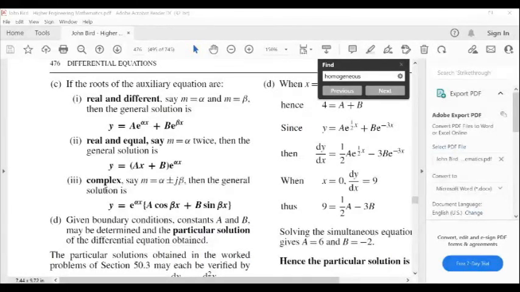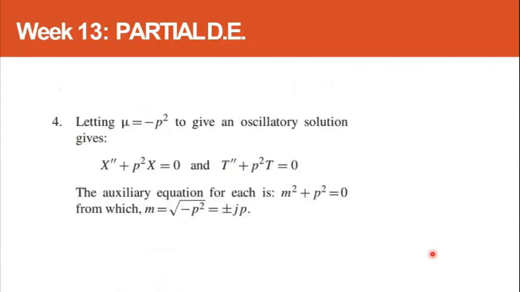Para makuha natin yung value ni m. So, saan siya papasok na roots for the auxiliary equation? Complex. Okay, sige, balikan natin. Ayan. So, tama. Doon tayo sa complex.